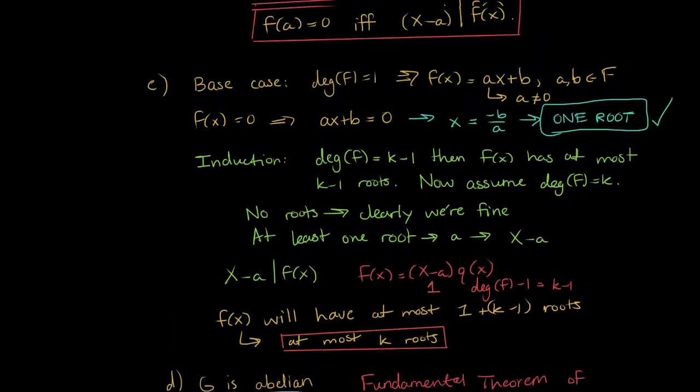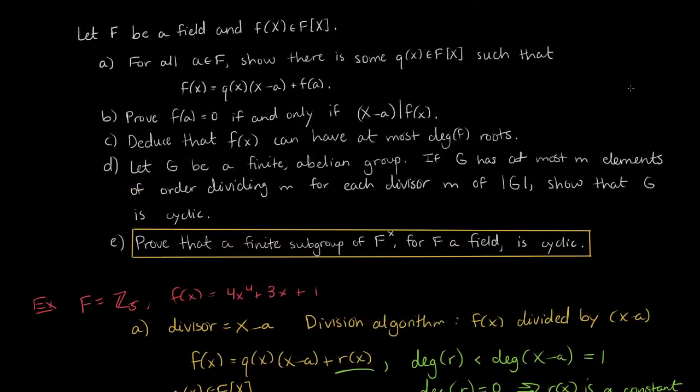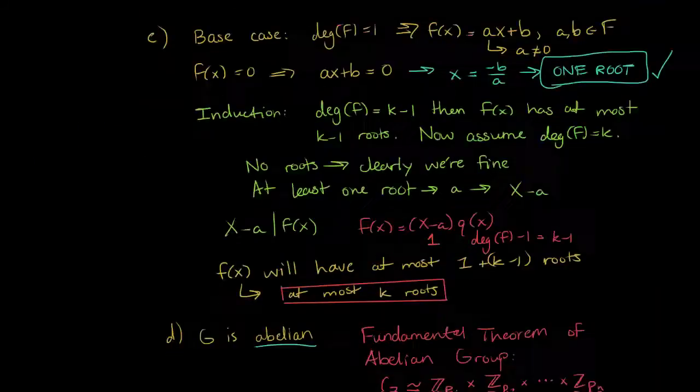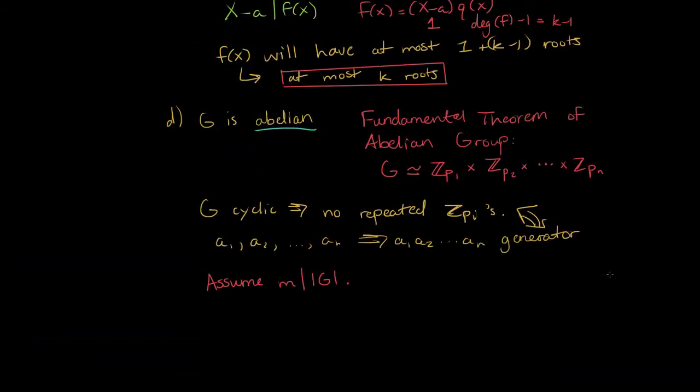Remember that our condition says that for this divisor m, G cannot have more than m elements with order dividing m. So what I want to show is that for each divisor here, we use up our full quota with exactly one Z_{p_i}, and therefore there cannot be more Z_{p_i} in store.